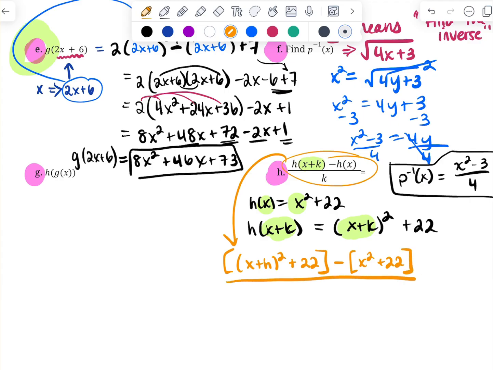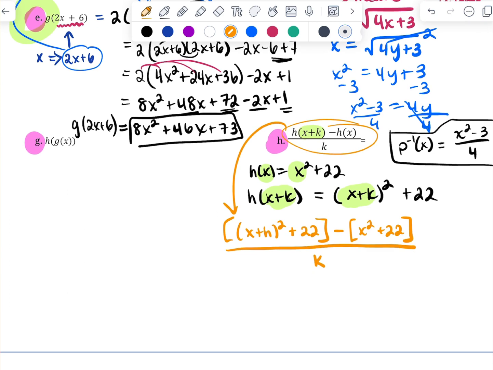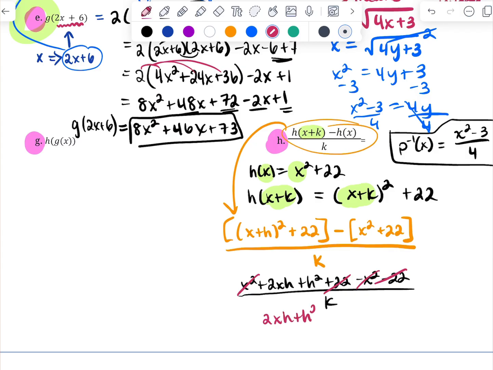When you're just doing algebra, square brackets are just another type of parenthesis. All right, and then I just, again, have to do a whole bunch of algebra. So x squared plus 2xh plus h squared plus 22 minus x squared minus 22. All that nonsense divided by k. Okay, so the 22s are gone because they add up to 0. The x squareds are gone. So I'm left with 2xh plus h squared.